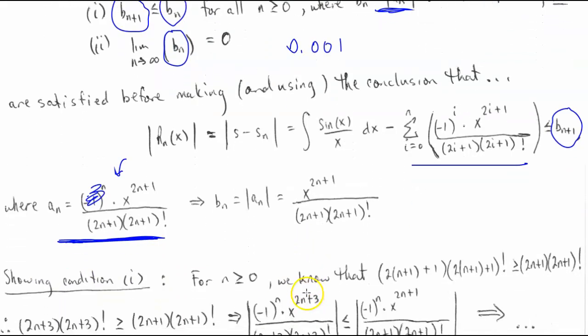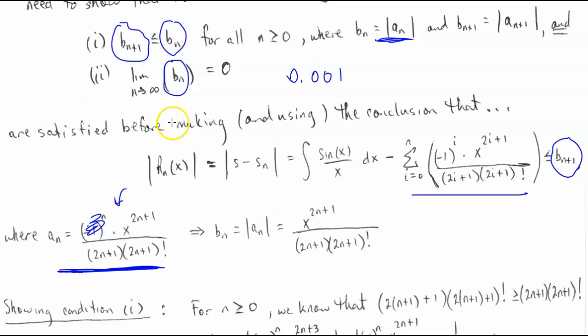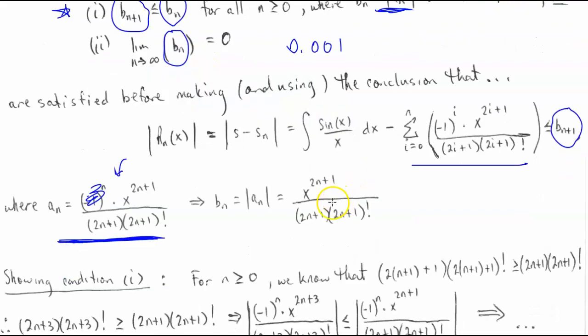So we have that. So here, what we are trying to do first is make sure that we show beyond shadow of a doubt that any b sub n plus 1th term is always going to be smaller than or at most equal to the b sub n term, okay?